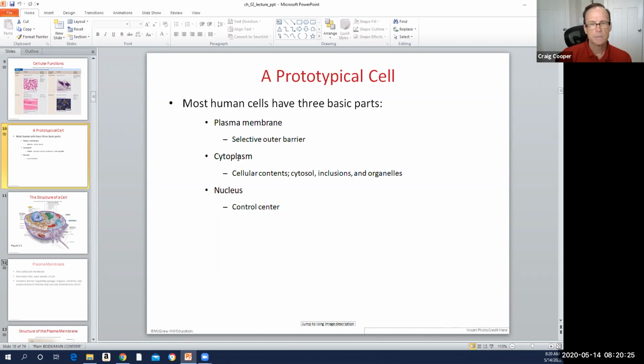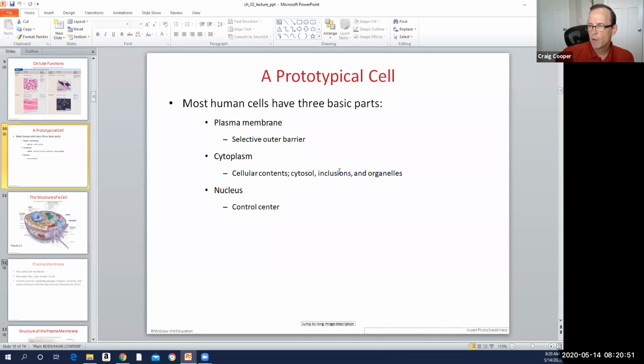In some cells, you're going to have less water. If we think about a bone cell versus a muscle cell, the muscle cell is going to have a lot more water content than the bone cell will typically have. So that will vary depending on where the cell is, how much of that liquidy stuff there is, and how firm or viscous that cytosol is going to be.